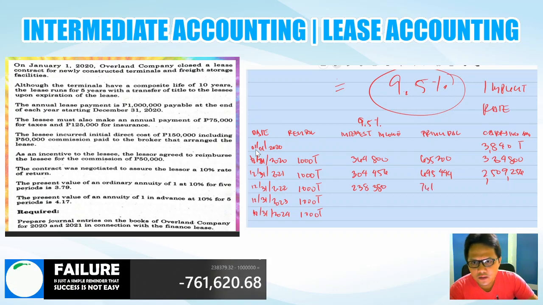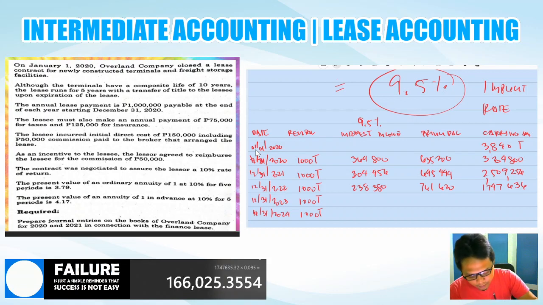We have 761,620 plus 2,509,256, 1,747,636. Multiply that by, again, 9.5. So we have 166,025. Okay.